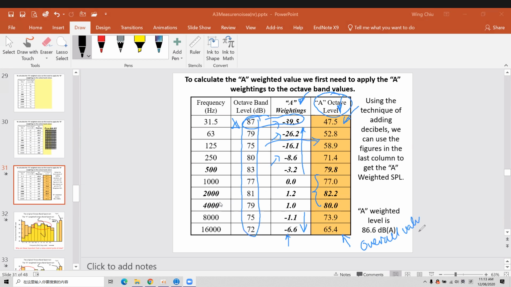If you want to calculate the overall values, you will also see the example in the slide where you'll be able to see how this can be done.